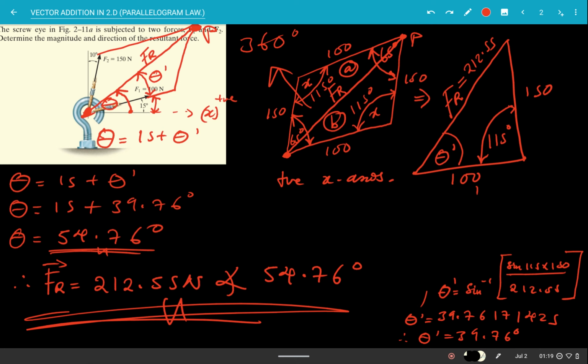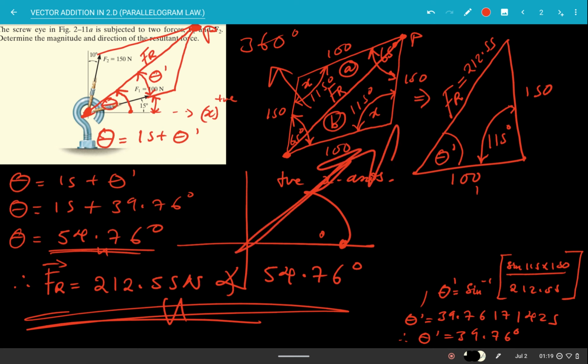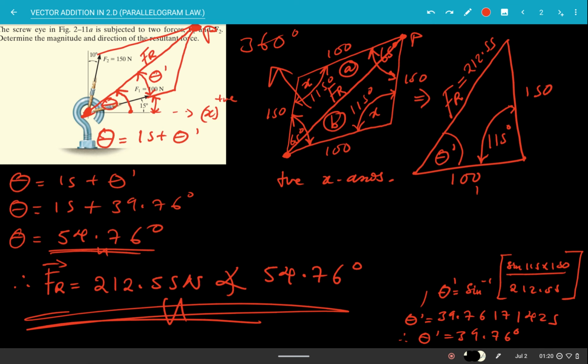Just be careful with the direction. When they say from the positive x-axis, remember I was moving. From is like you have the x-axis there. So from until you touch that resultant line that you have of your force. That's what they mean. But if they say counterclockwise, it has to go in the opposite direction. Be mindful about that.